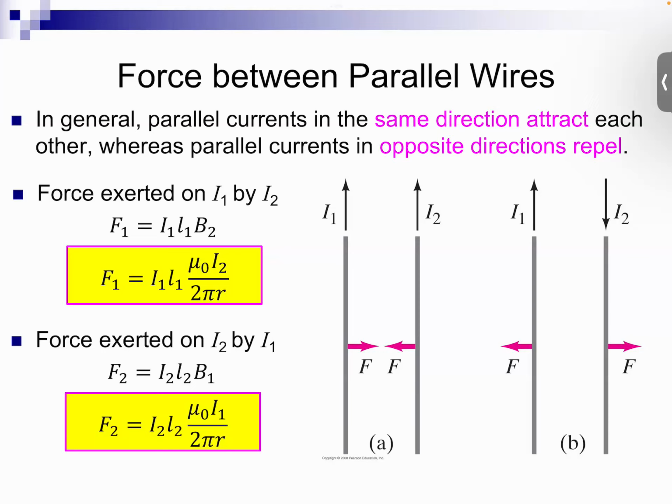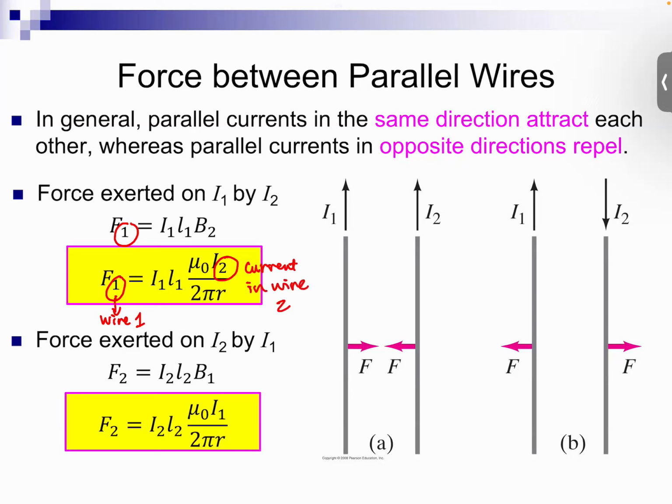Just some notes on the subscripts here. F1, the subscript 1 here, means that it's the force that is felt by current 1 because of the presence of current 2. So F1 here is the force exerted on wire 1 because of the current in wire 2.